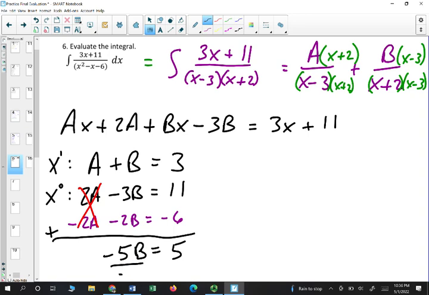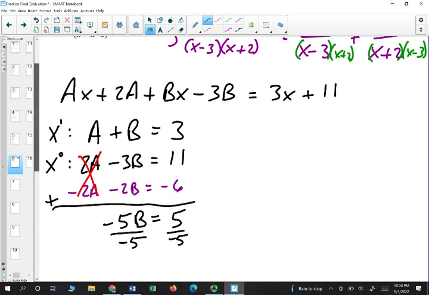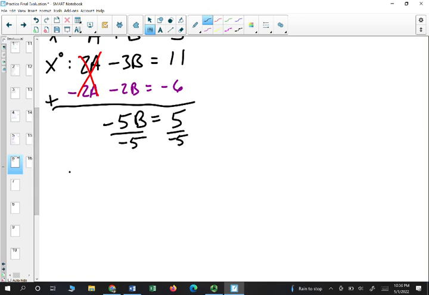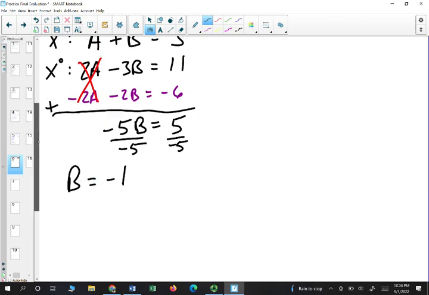Divide by negative 5. So we have B equals negative 1.